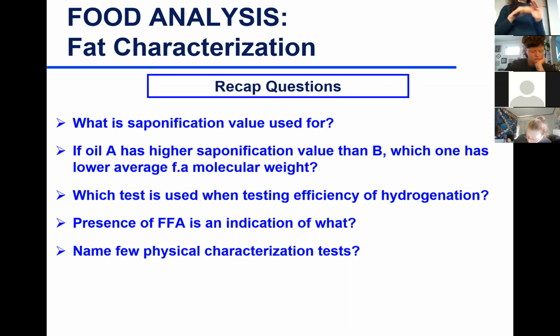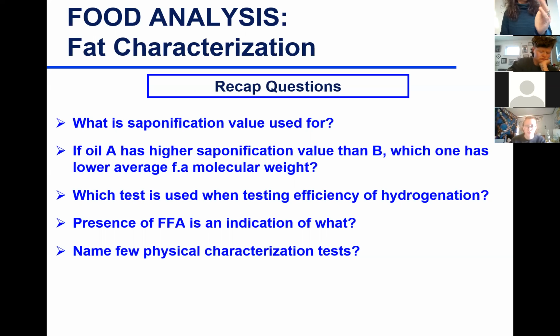Okay? Balancing chemical reactions there. Knowing that when you have large molecules, fewer of them will be in 1 gram versus smaller molecules, where there will be more molecules in 1 gram. The more molecules you have, the more KOH needed to saponify them.